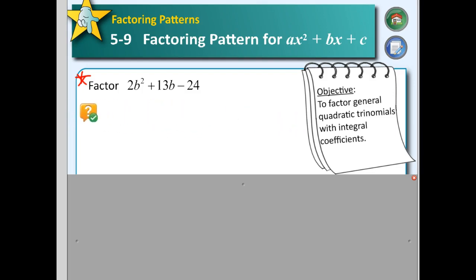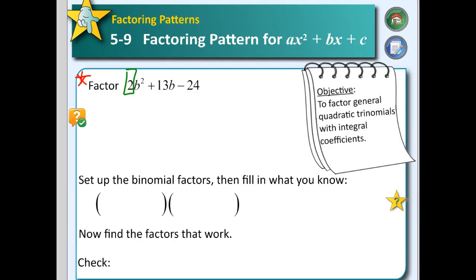Yes, that is right. We actually have a coefficient in front of the quadratic term. Yes, and so that just puts another spin on what we need to do today. As you notice, we have our trinomial as usual, and we're going to set up our two binomial factors like we did before.